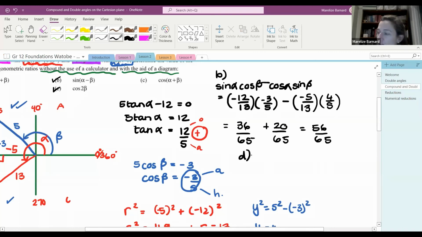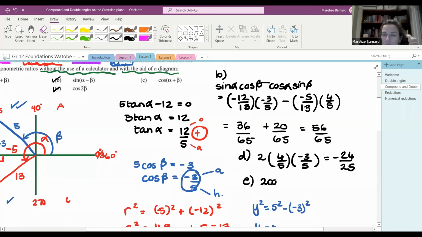Because we've got sine 2 beta, and that is 2 sine beta cos beta. So we're going to just expand that to 2, 4 over 5, and minus 3 over 5. That simplifies to negative 24 over 25. And then E is cos of 2 beta. You can use any of the 3 options that you want. I'm going to use 2 cos squared beta minus 1.